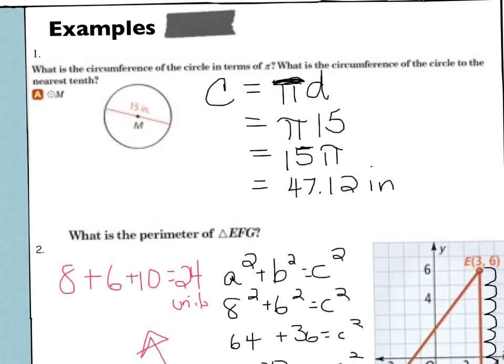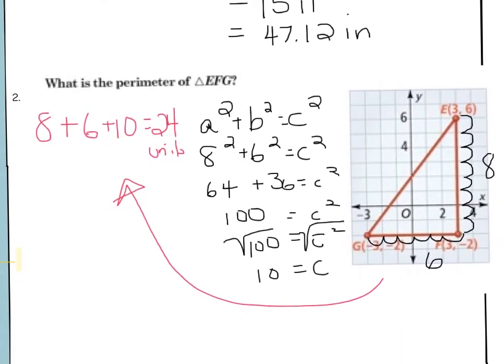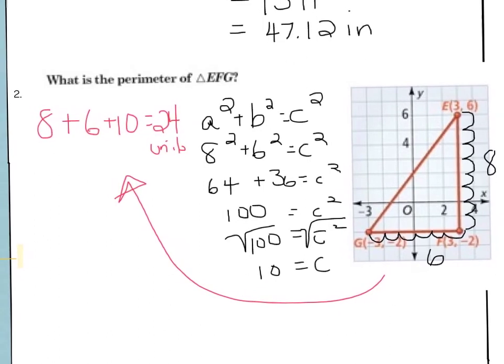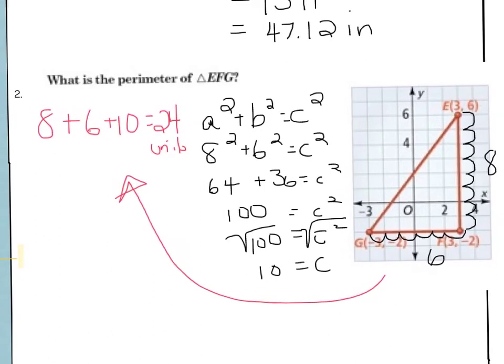Number 2 says, what is the perimeter of EFG? You need to figure out the distance around. So you take each side and figure it out. From E to F is from 6 to -2, so you can count down or take the difference: 6 minus -2 gives me 8.